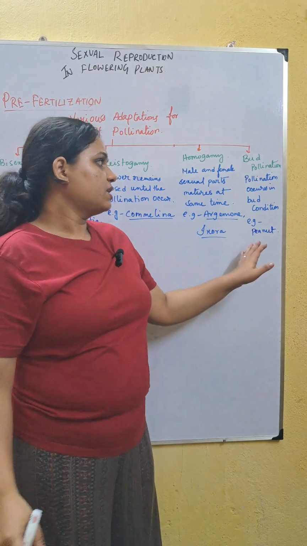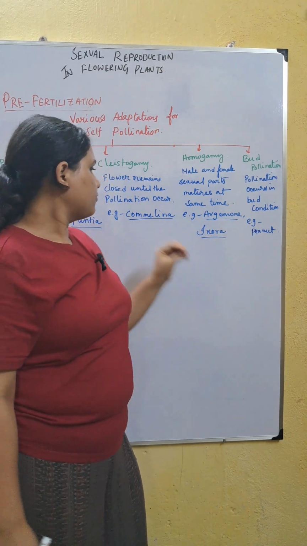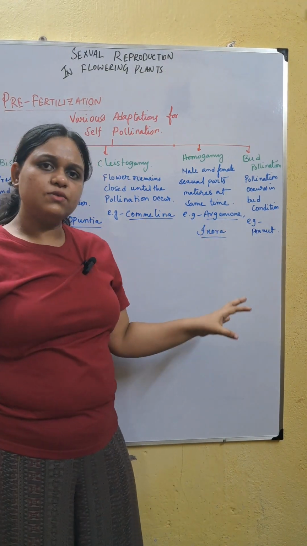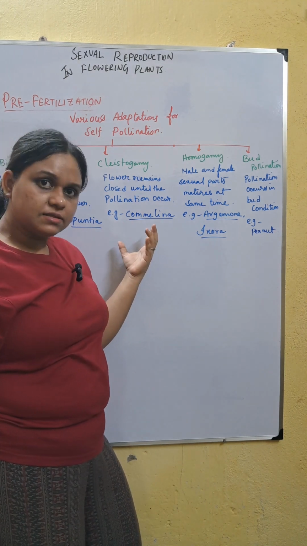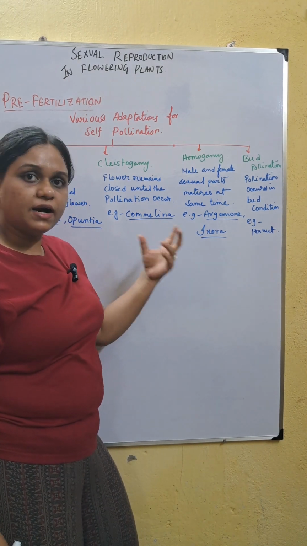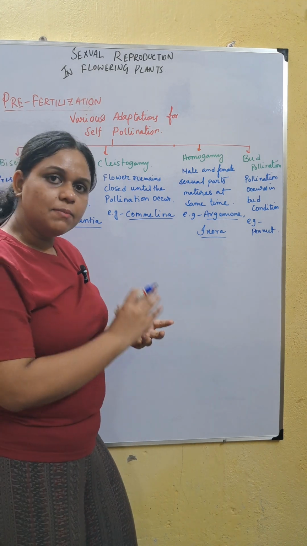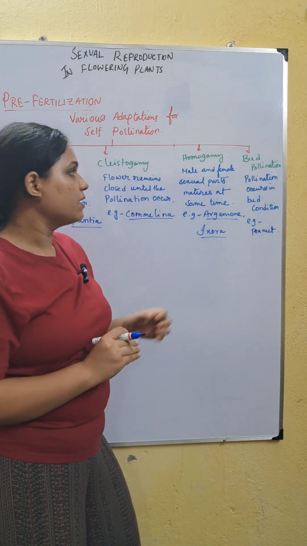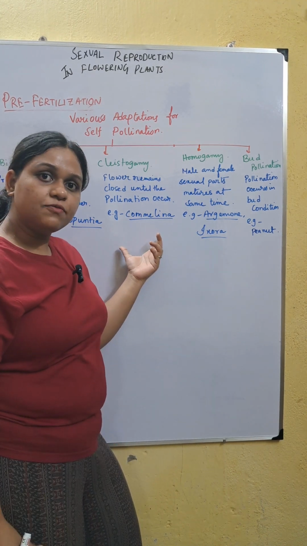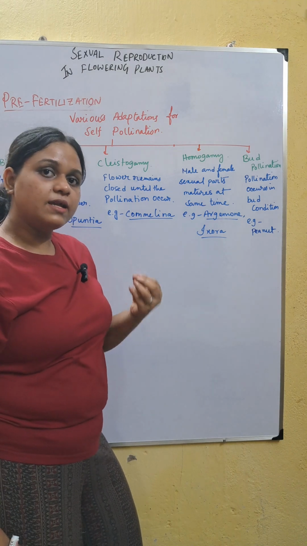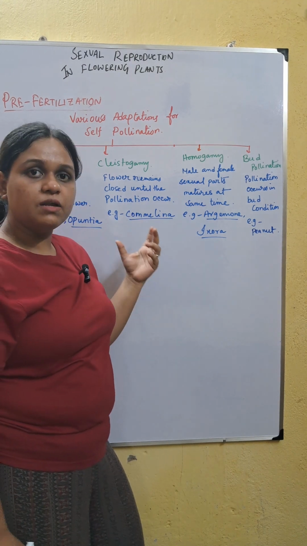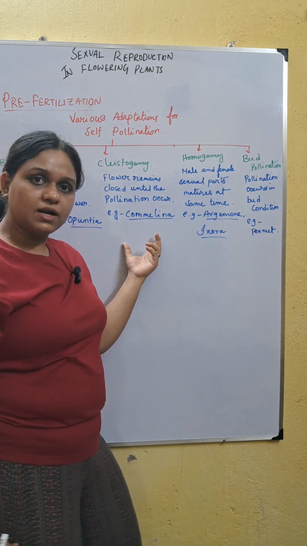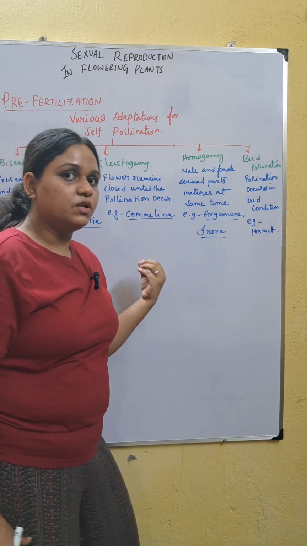Bud pollination is actually a type of cleistogamy; in some books you can find that there is no distinction, but the thing is different. Bud means the immature floral part, but in cleistogamy all the organs mature, but still the flower remains closed until the pollination occurs to ensure self pollination.